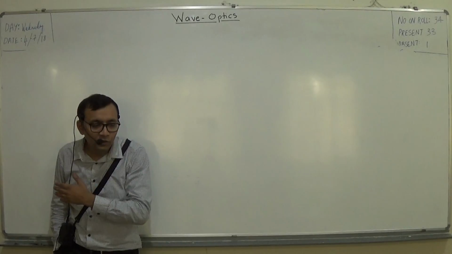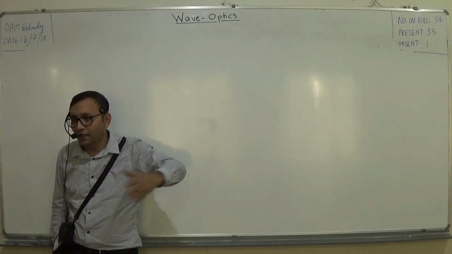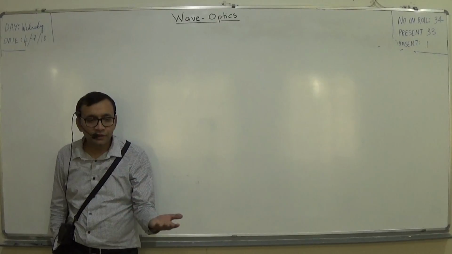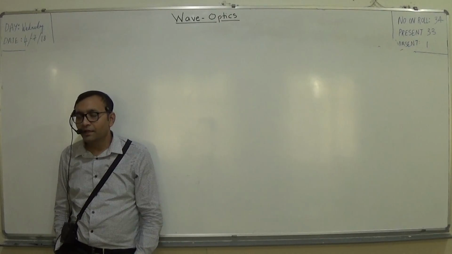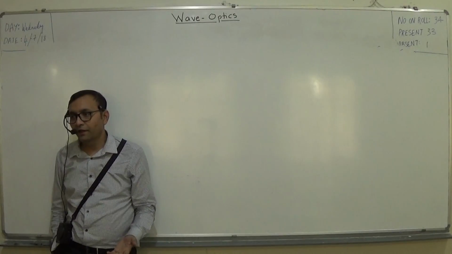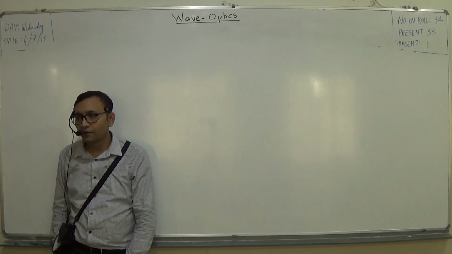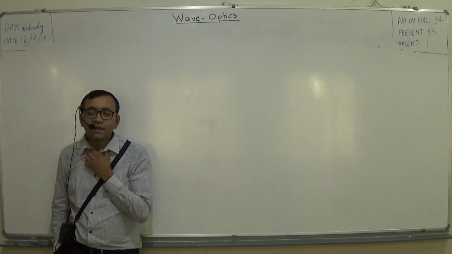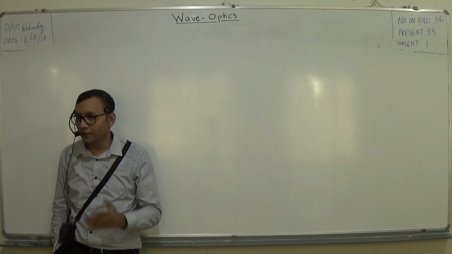So you will be able to see the path as a straight line, and until it hits an object, or suppose there is a reflection, its path won't be changed. Fine. So it will travel in a straight line. Fine. So we have discussed reflection as well as refraction when it comes to ray optics.